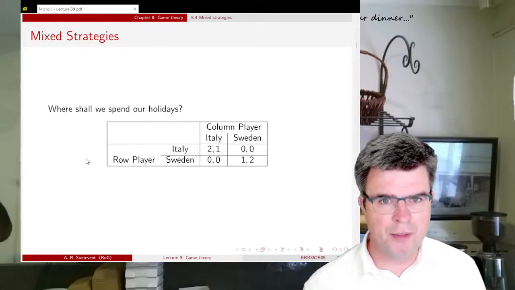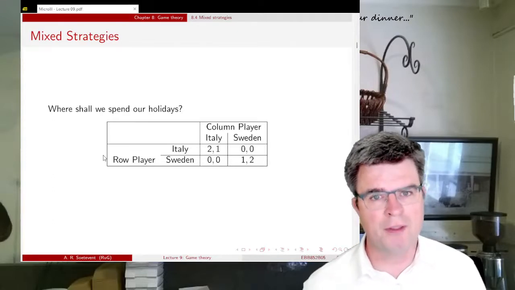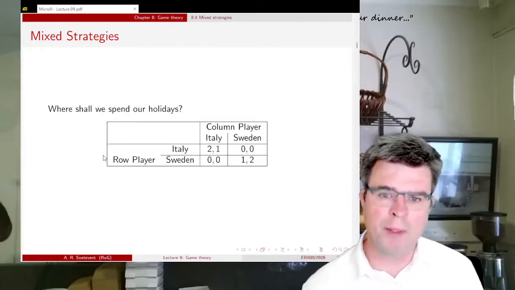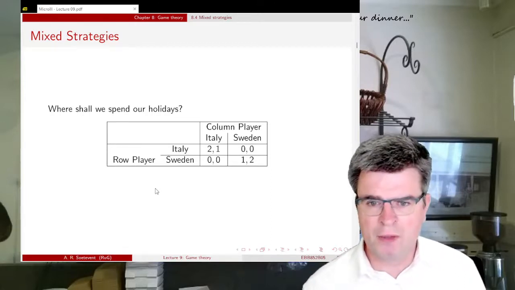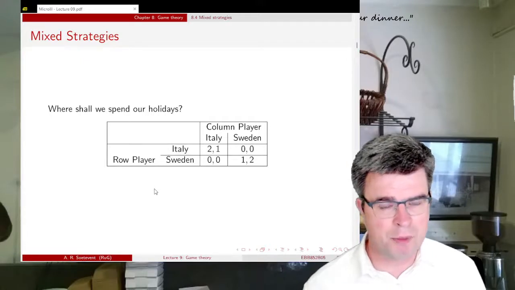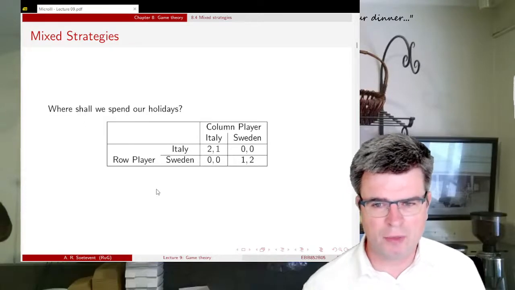Now, usually with 2 players and a limited number of actions, we can represent this game in a matrix form where the payoffs are denoted as entries into the matrix. So this is the famous Battle of the Sexes game. And we have 2 players, a column player and a row player.